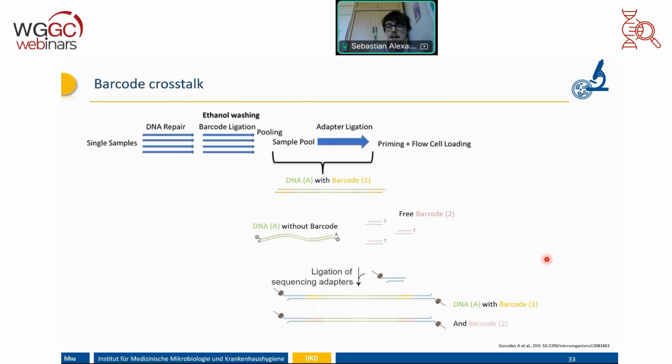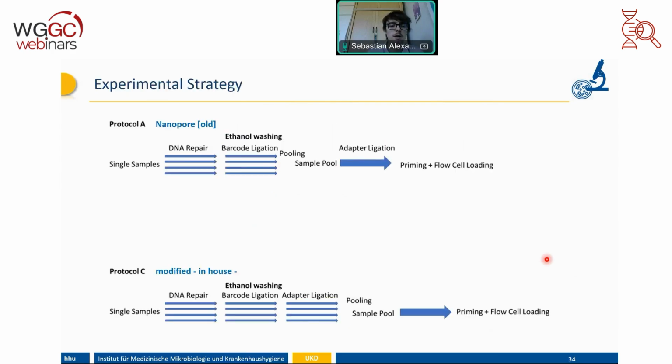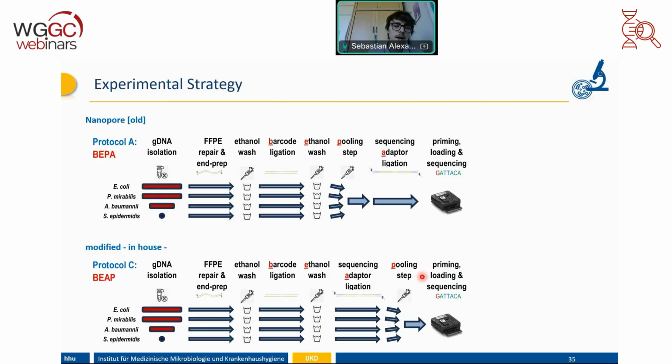To test this theory, we developed a modified in-house protocol where we kept the samples separate until the adapter ligation, and only after this we pooled them and loaded them on the flow cell. And we tested it with 4 different isolates and different concentrations.